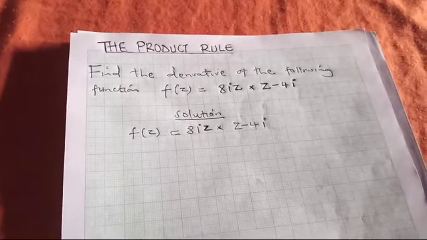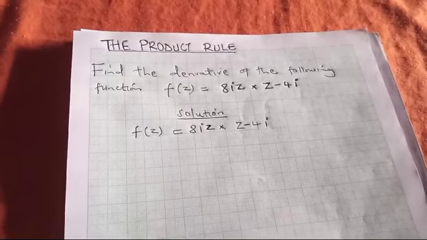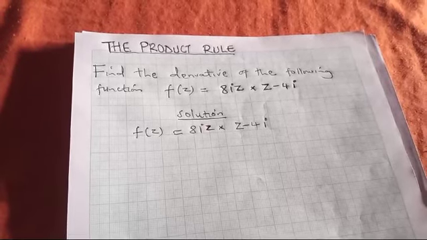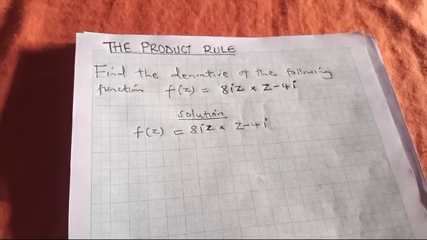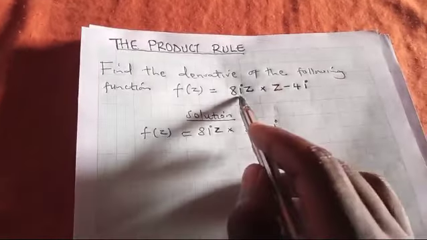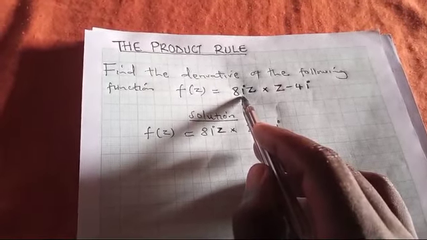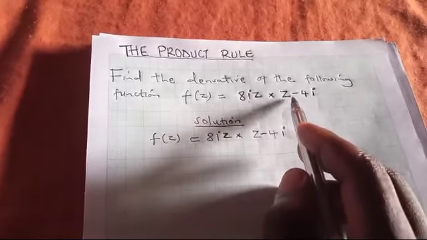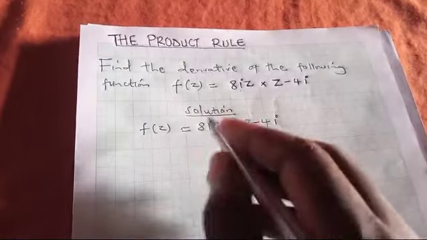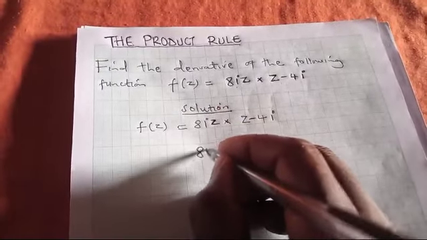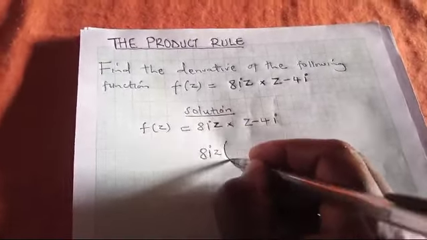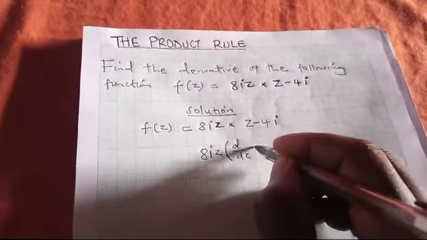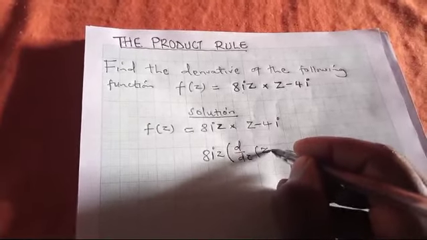So what are we going to do? We are going to take the first part, and the first part in fact is this part. We take the first part, then we multiply by the derivative of the second part. So we take 8iz, we multiply by the derivative of the second function with respect to z.